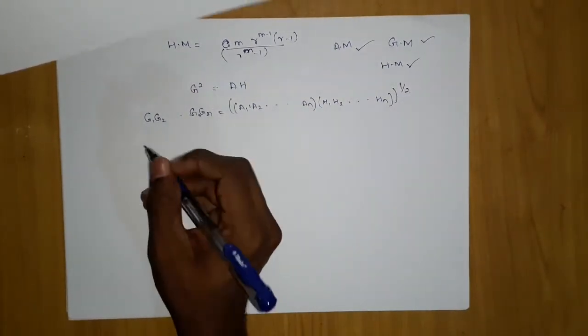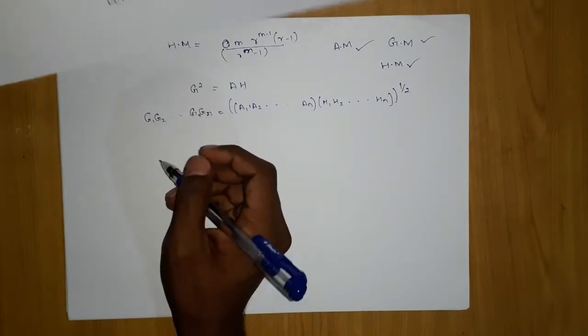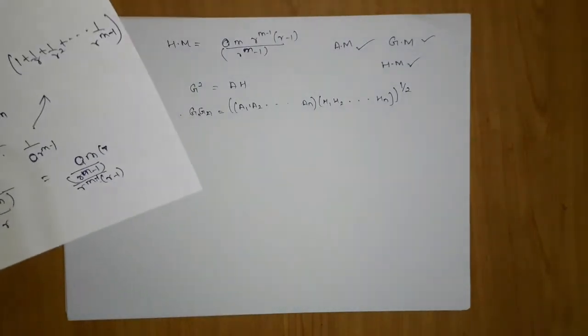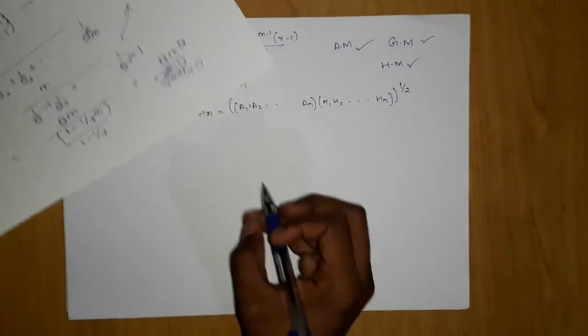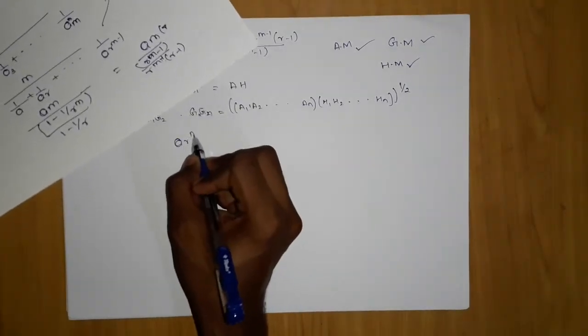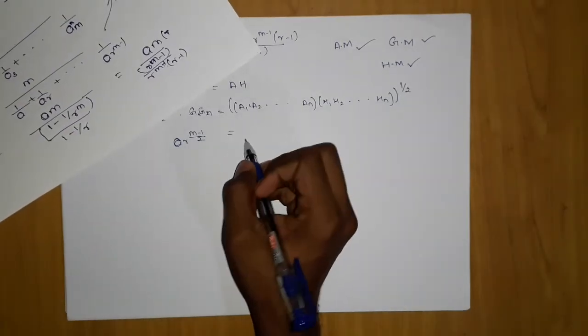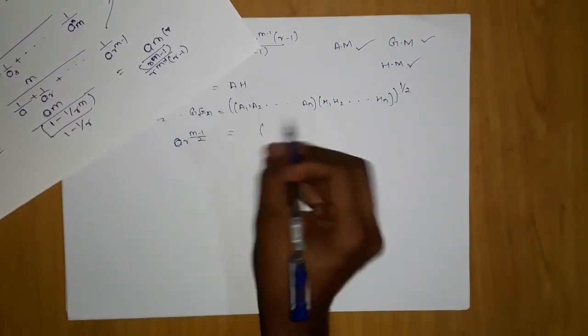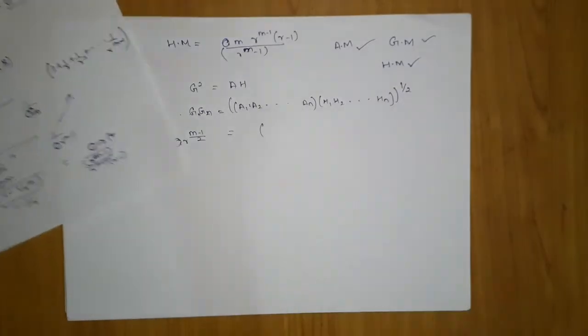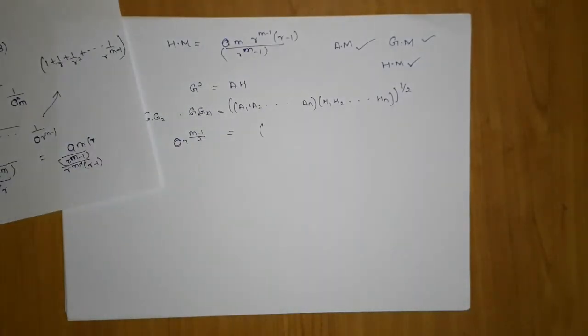Here the geometric mean is nothing but what we calculated, a r power (m minus 1) by 2. This is the geometric mean, and here we have the arithmetic mean.